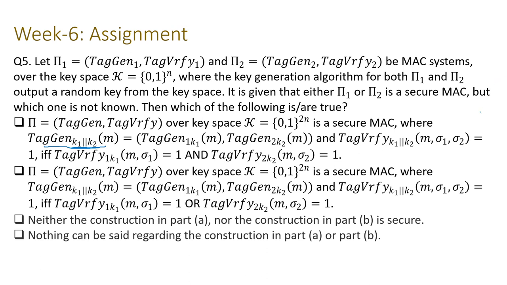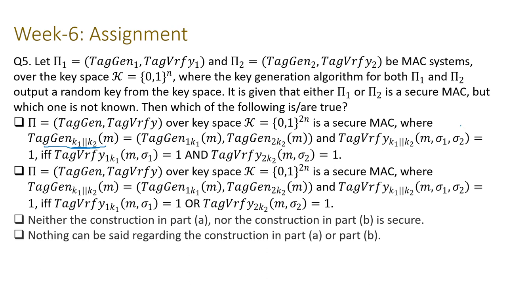Okay, and the second construction is all the same except that the tag verification algorithm for the scheme pi will accept m, sigma 1, sigma 2 as a valid message tag pair if any one tag verification algorithm, either tag verify 1 or tag verify 2, verifies m and sigma i to be a valid message tag pair according to pi i.